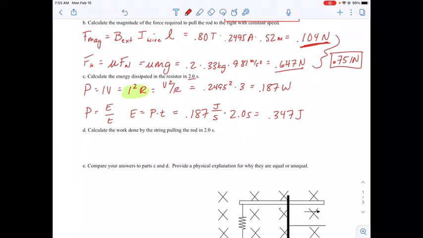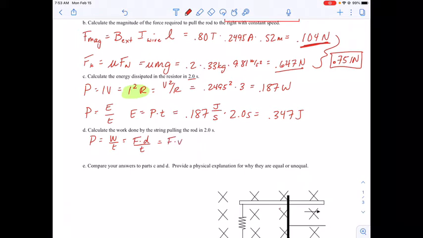Okay, calculate the work done by the string pulling the rod in 2 seconds. Okay, so first of all, I can figure out the power. Power is work over time, or force times distance over time.